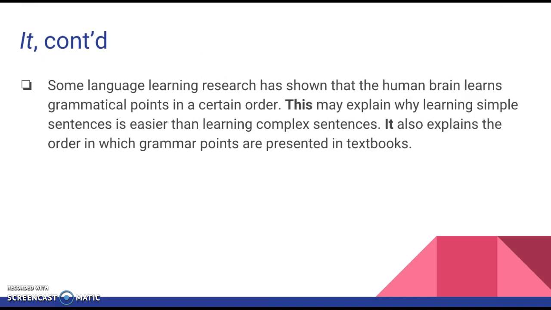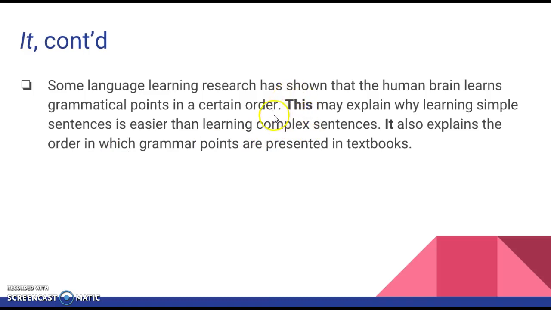Let's take a look at this short piece of text. Some language learning research has shown that the human brain learns grammatical points in a certain order. This may explain why learning simple sentences is easier than learning complex sentences. It also explains the order in which grammar points are presented in textbooks. So you can see here that the first pronoun we use is this.